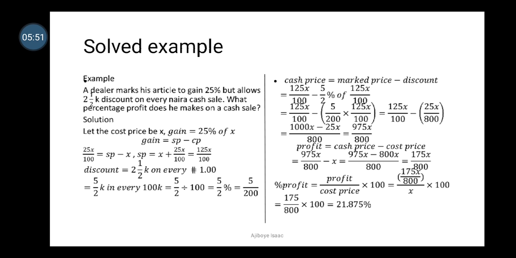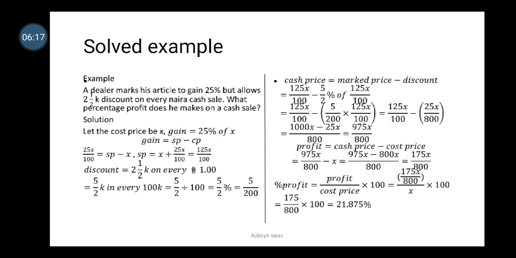Let the cost price be X. So the dealer wants to gain 25%. That means gain is equal to 25% of X. And that means the selling price will be the 25% of X plus X. So our gain will therefore be equal to the selling price minus the cost price, right?